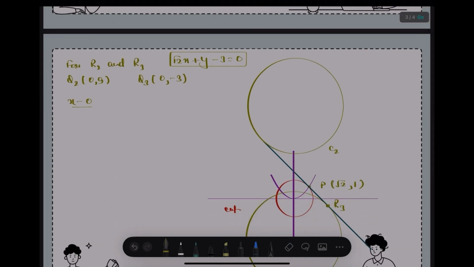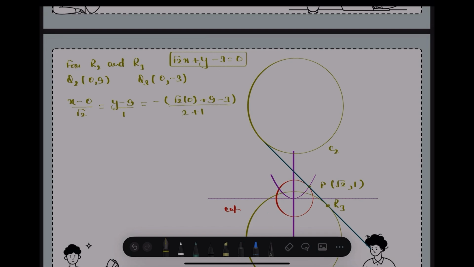So x minus x1 by a equals y minus y1 by b equals, if you are finding the foot of perpendicular, then it is minus times point satisfaction by a square plus b square. If it is image, it is minus 2 times point satisfaction by a square plus b square. Correct now? So I'll go with that. So root 2 times point satisfaction upon a square plus b square.